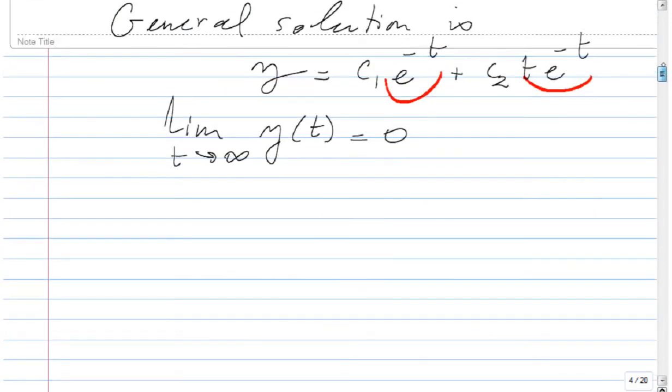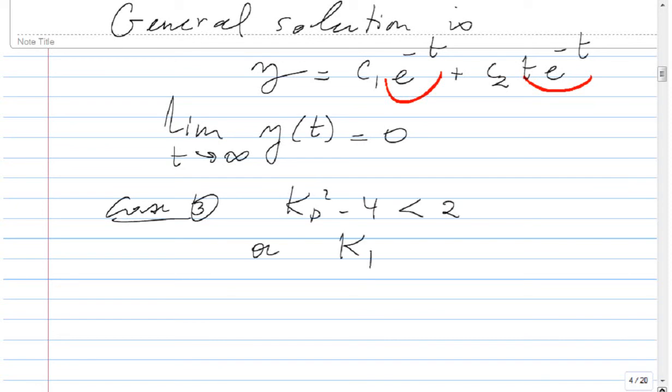And now we have the third case, case 3, where KD squared minus 4 is less than 0. I'm sorry, less than 0. So it's a negative discriminant. So in this case, we have complex eigenvalues.